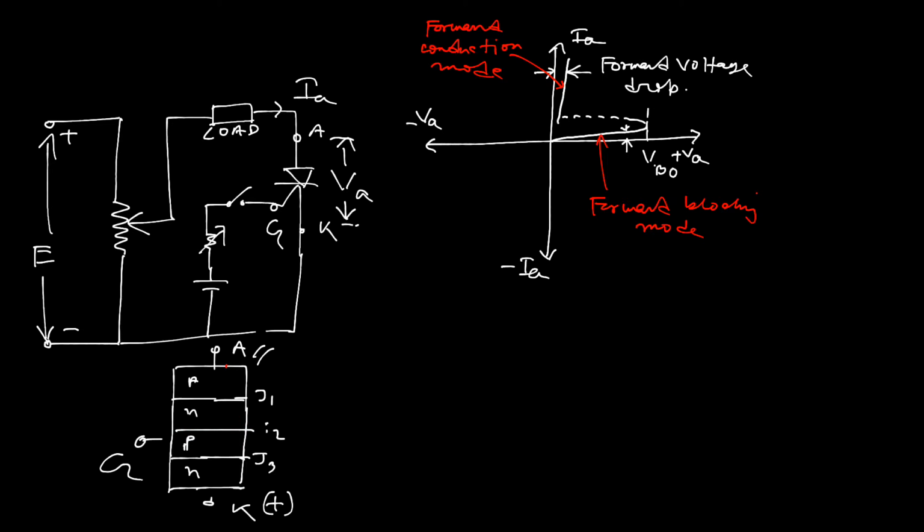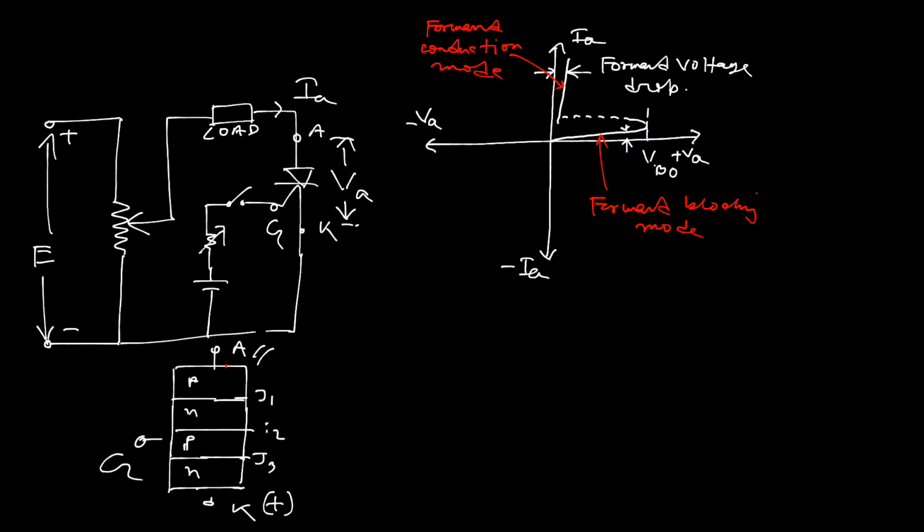That means when the device is under reverse biasing condition, J2 is forward biased, whereas J1 and J3 are both reverse biased. That means it provides the depletion layer across junctions J1 and J3.